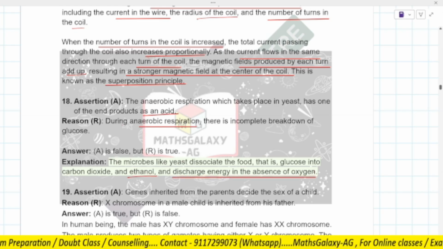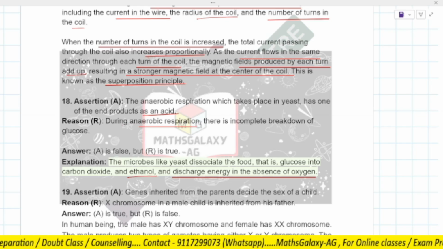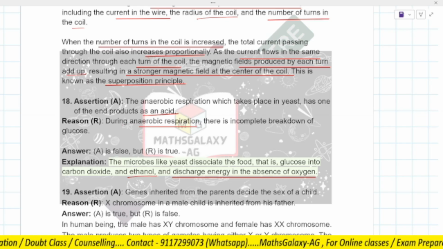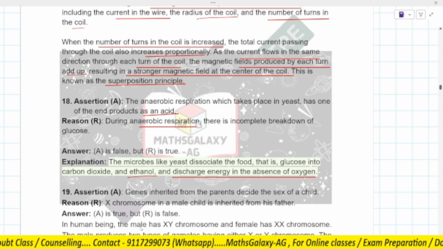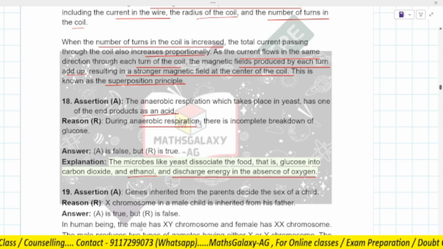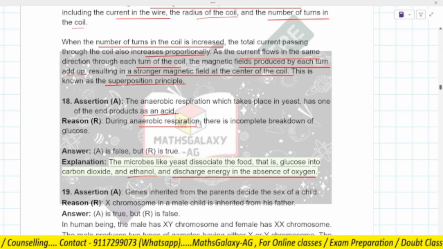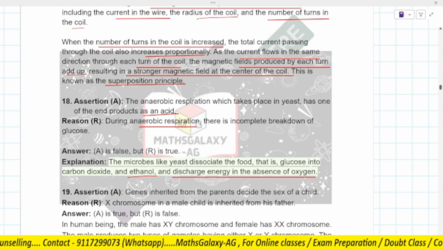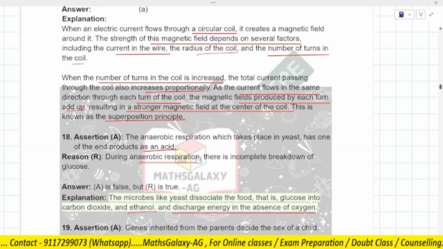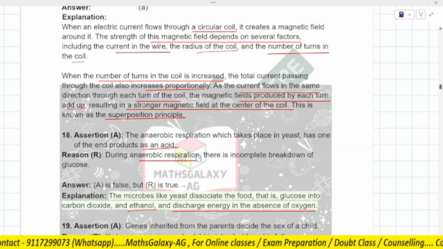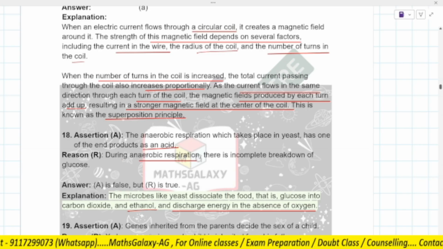Can you explain to me aerobic respiration and anaerobic respiration? Aerobic respiration is when there is oxygen present. Anaerobic respiration is a type of respiration where there is a lack of oxygen or no oxygen. Yes, very good.